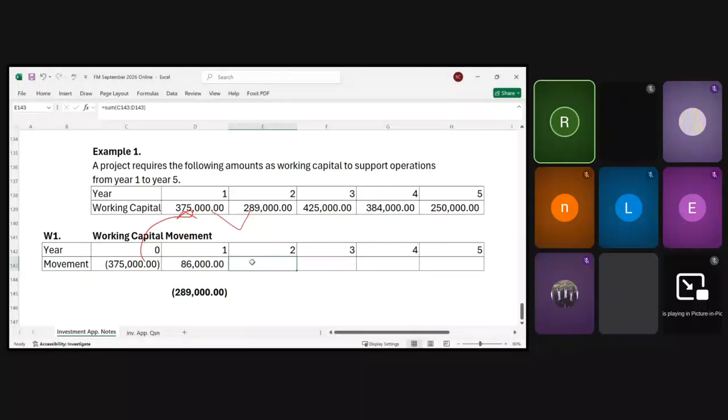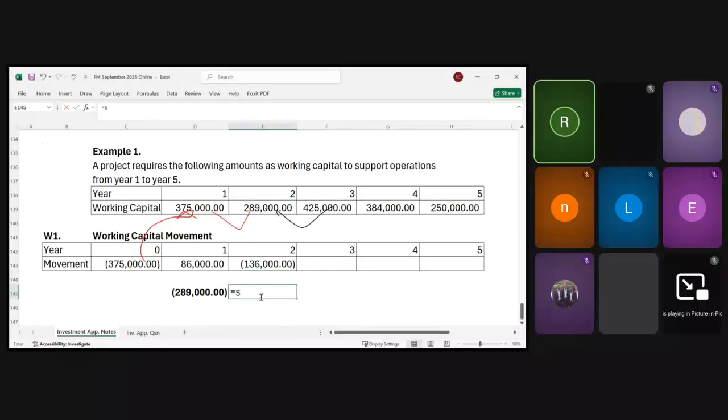Going to year 2, I also find the difference between year 2 and year 3. So what is the difference? Equals year 2 amount, equals this amount. Equals year 2 minus year 3. All right, I have 136.